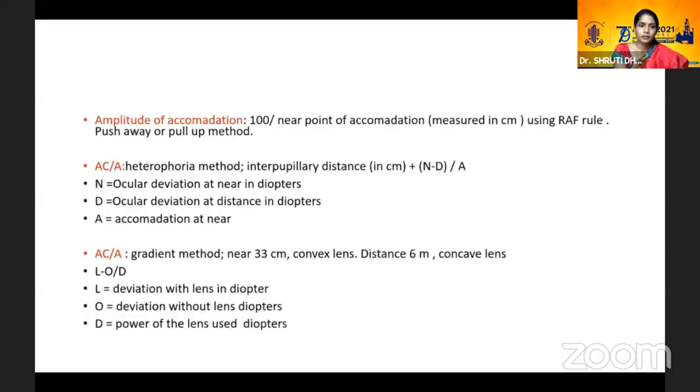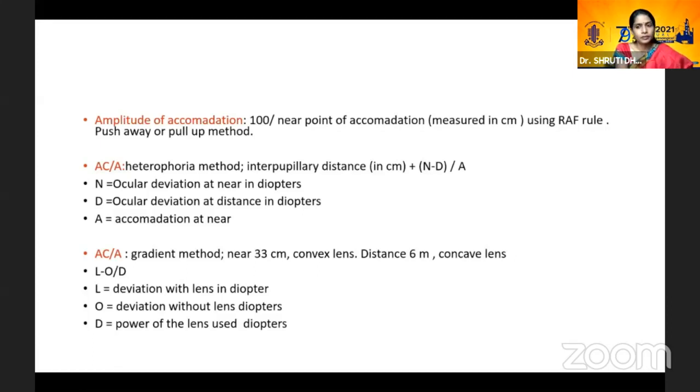Next is amplitude of accommodation, which is measured by 100 divided by the near point of accommodation, measured in centimeters, using an RAF rule. While using the RAF rule, we can use the push away method, which is better for small children who are unable to identify blurring very easily, or the pull up method for slightly older children.